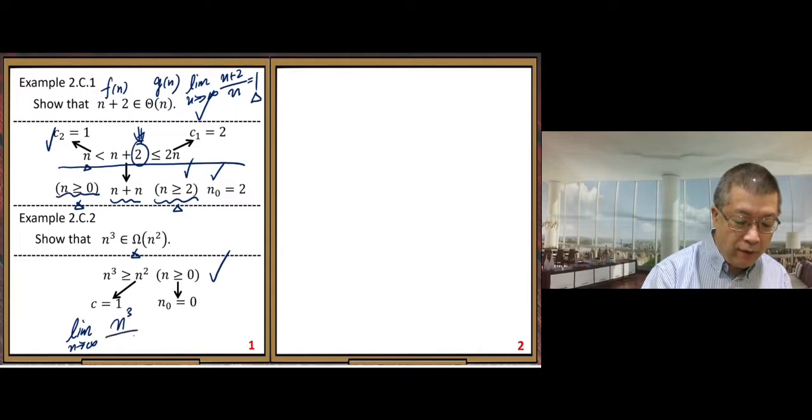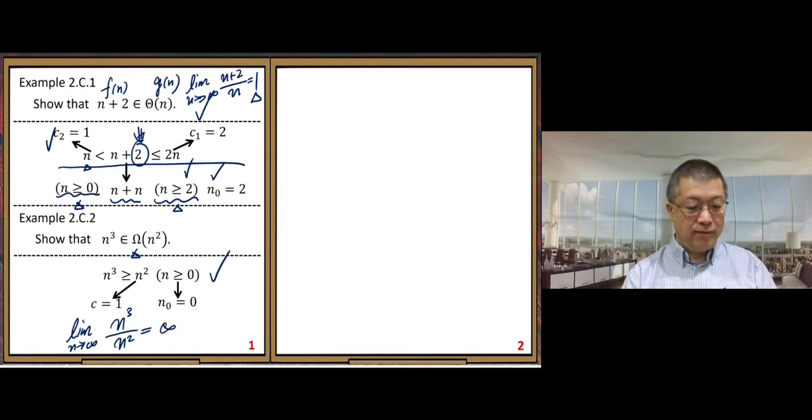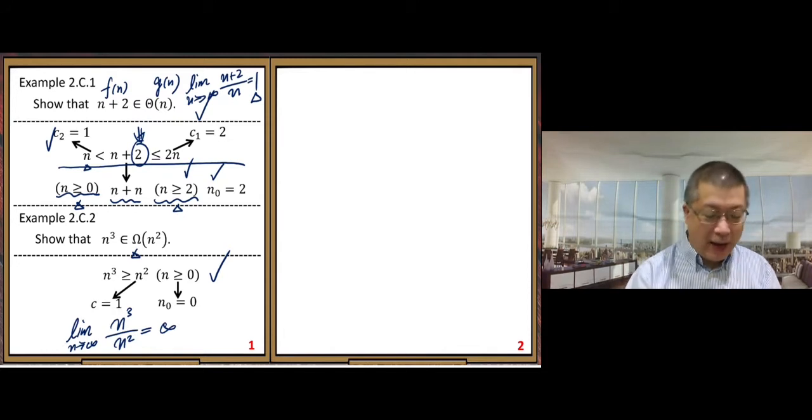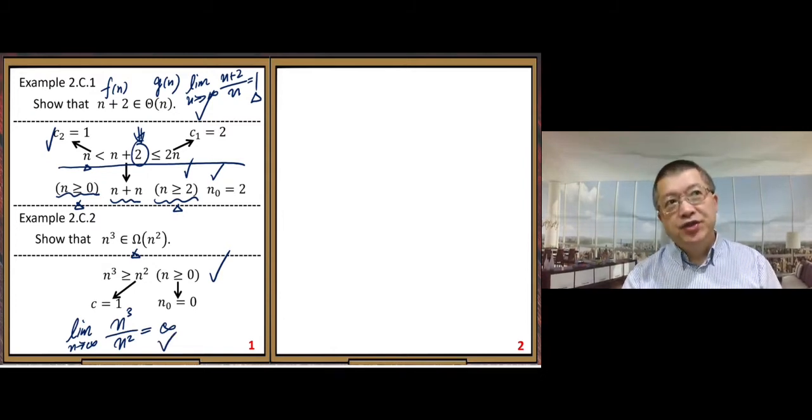N cubed over n squared equals infinity. First, this is true.